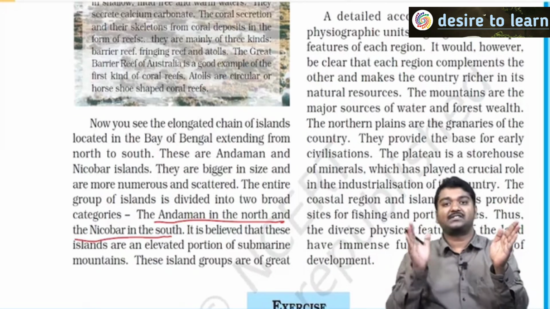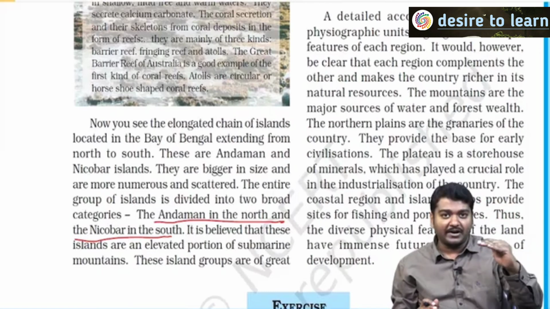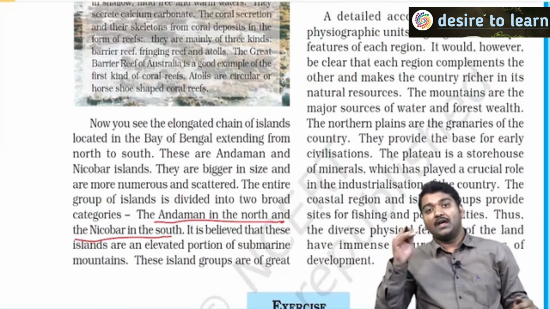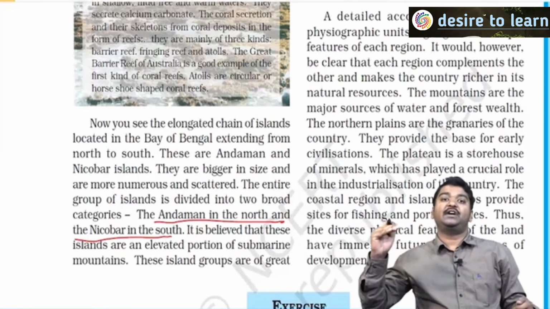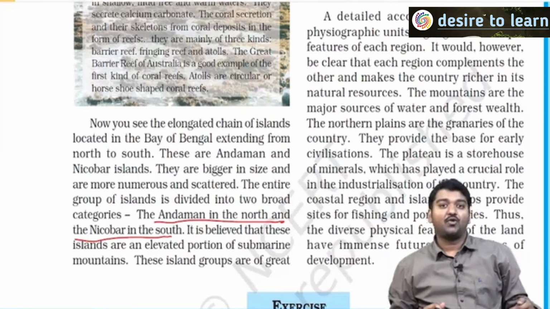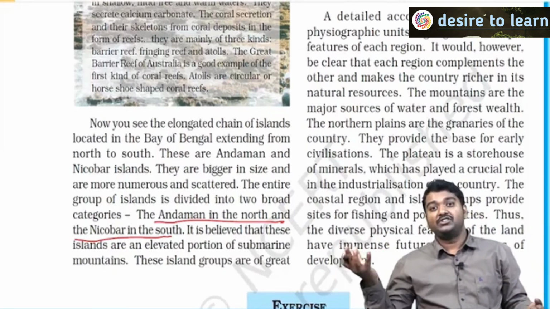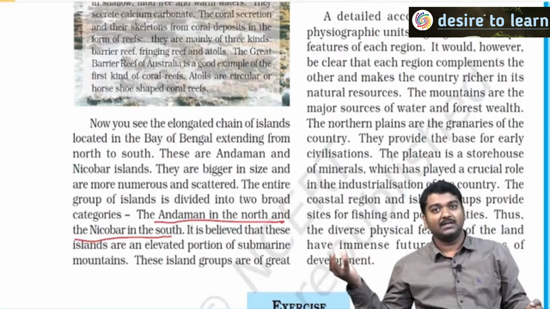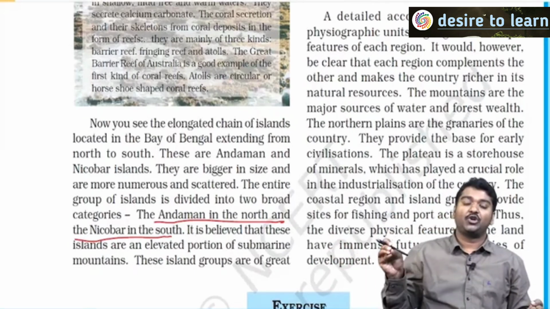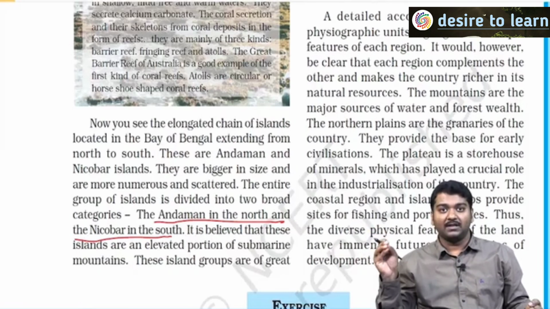You have Western Ghats, you have Eastern Ghats. Western coast is divided into Konkan, Kanara coast and Malabar coast. On the eastern side, you have Coromandel coast and Northern Circars. And then you have Lakshadweep made up of coral reefs, Andaman and Nicobar, which is volcanic, and also coral is present in this region. As Andaman and Nicobar is closer to the equator, equatorial climate is present in this region.